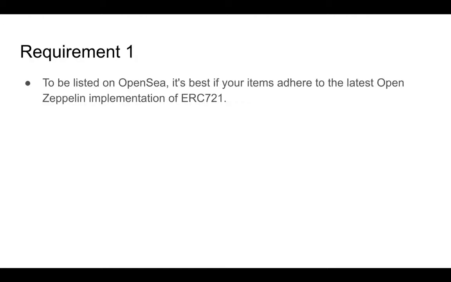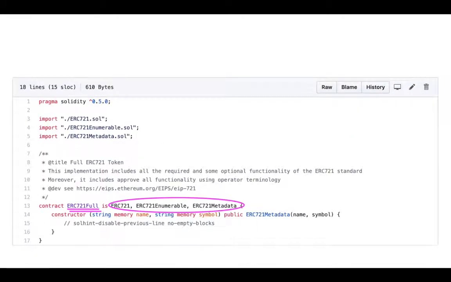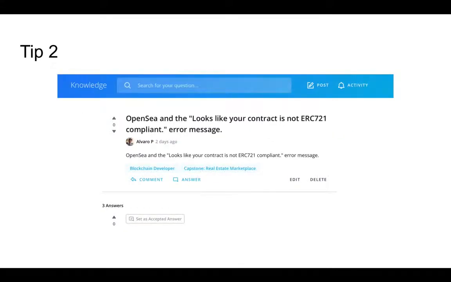Normally, the error that OpenSea is going to throw at you says: looks like your contract is not ERC721 compliant.